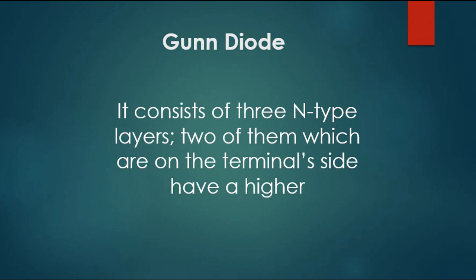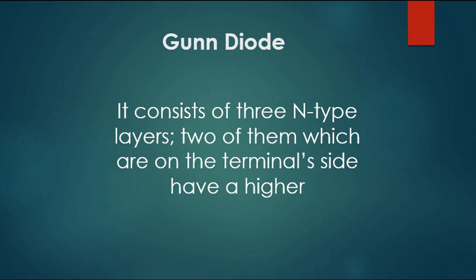Now, it consists of three N-type layers. Just as I said, it consists of three N-type layers, two of which, on the terminal side, have a higher resistance. That positive sign that you're seeing there simply means that it has a higher resistance than the one at the middle.